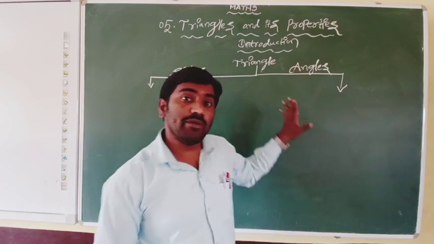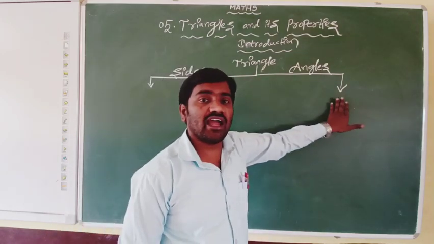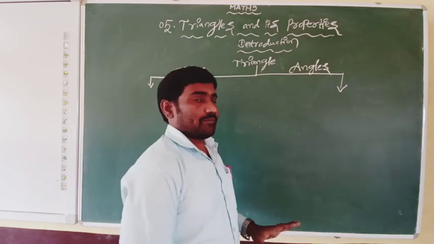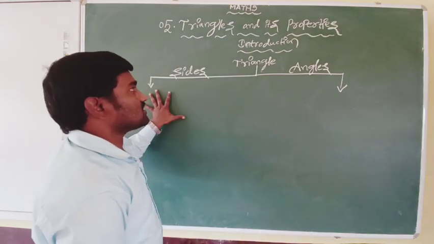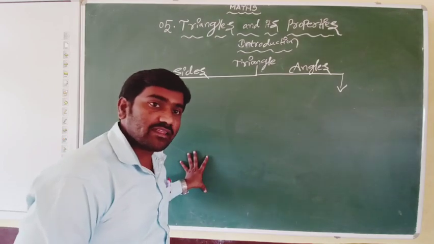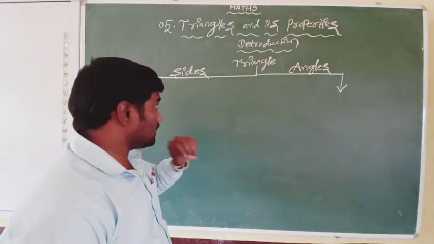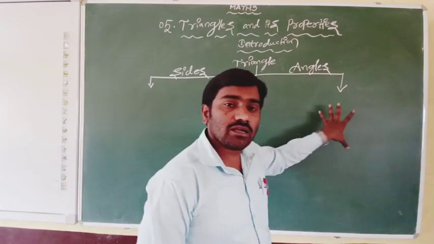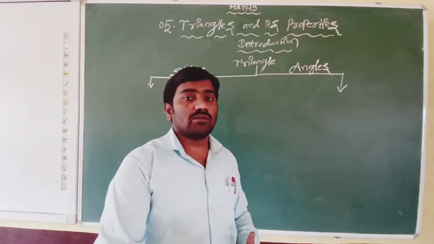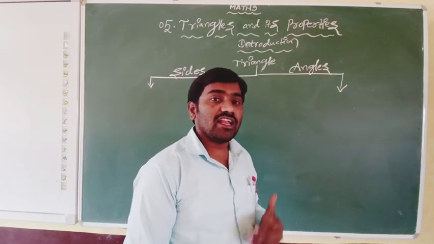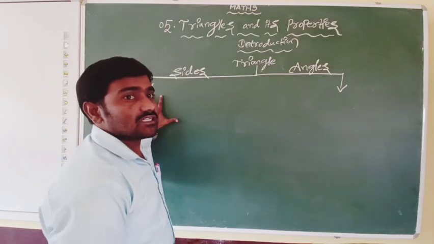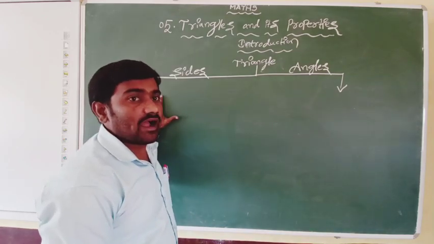Based on sides, how many types of triangles are there and what are they? Let us discuss that. And based on angles, how many types of triangles are there? We'll also discuss that. First of all, based on the sides, how many types of triangles are there and what are they?